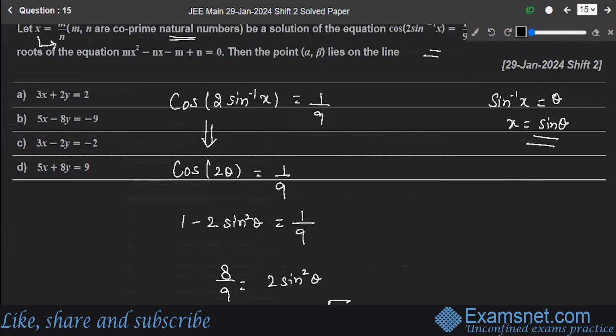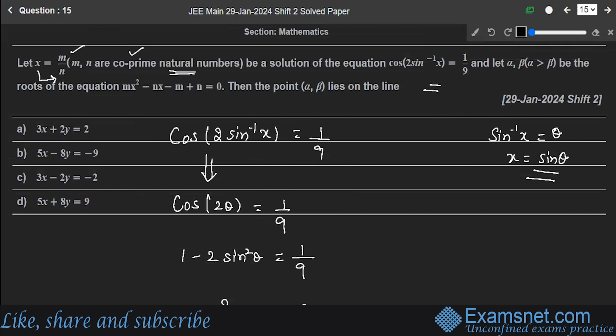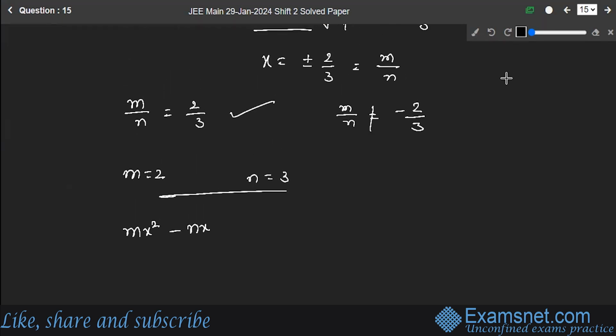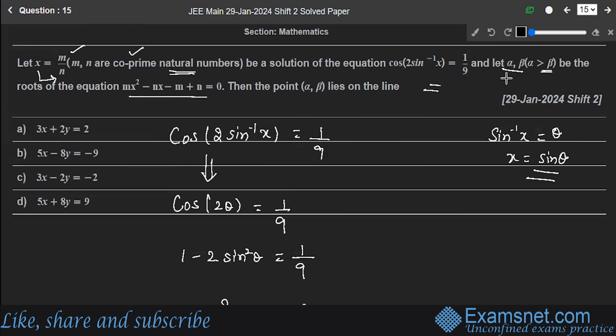We are done with the sum, but a small thing is left to be done. You have said let alpha and beta, where alpha is greater than beta, be the roots of this equation. You have to find out alpha and beta. So let's write down this equation, mx square minus nx minus m plus n.